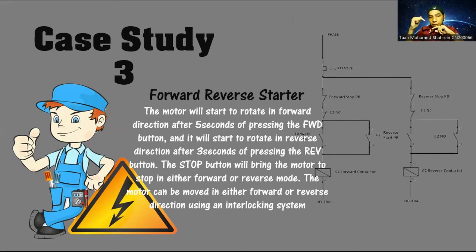After we press the stop button, the motor will stop in either forward or reverse mode. The motor can be moved in either direction using an interlocking system. That's all for my presentation.